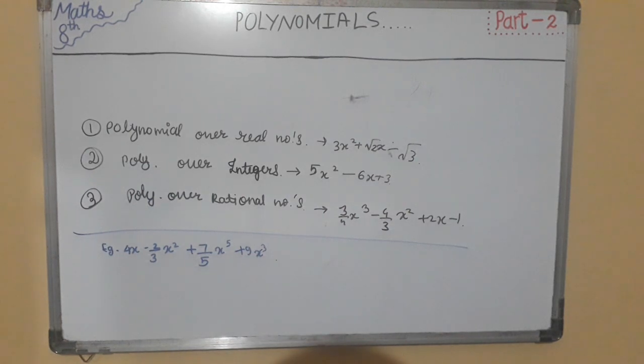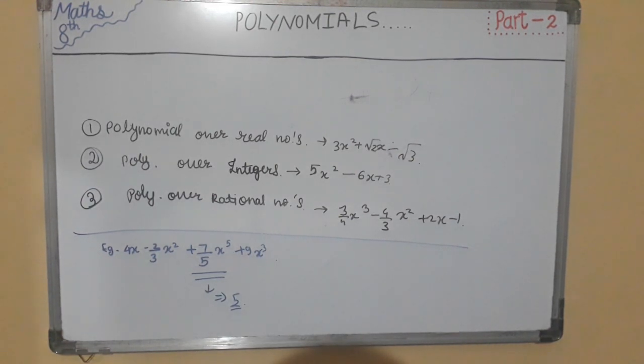Here the term with the highest power of x is 7 by 5 x raised to 5. The degree of the given polynomial is 5.